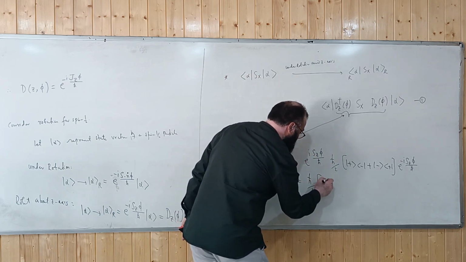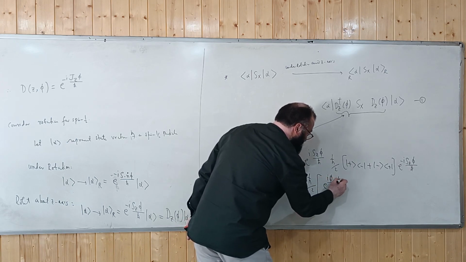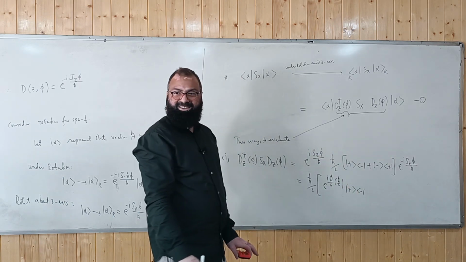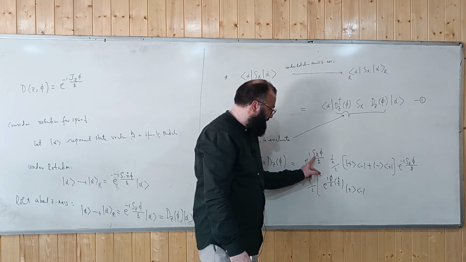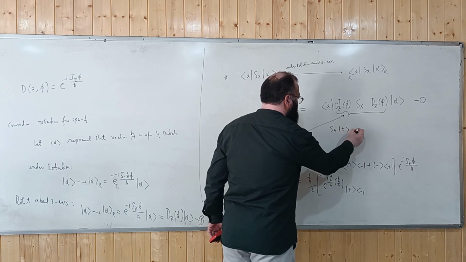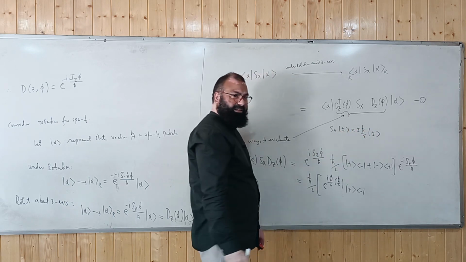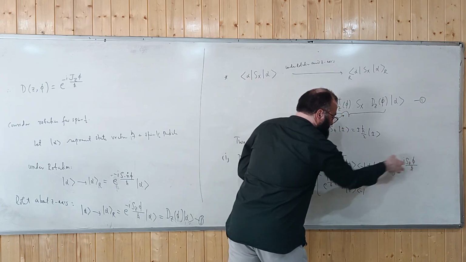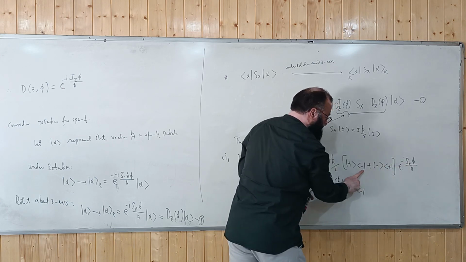So it is e raised to i phi by h cross, then you are having h cross by 2. Now the operator is gone. I will be using Sz plus-minus equals plus-minus h cross by 2 plus-minus. Now you are having this Sz coming from the back side. It's a Hermitian operator, and it will act on minus.